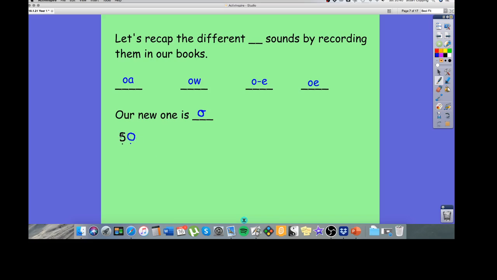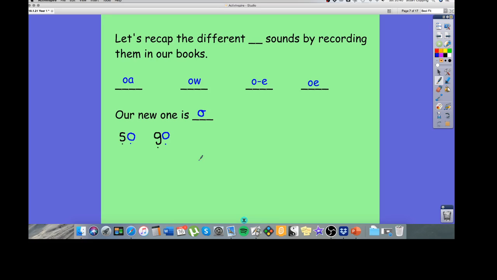So we've got S O. Another one I want you to write is go. So if you can do so, you can do go. Are you ready for it? We've got the G with the sound button underneath, and then the O with the sound button underneath. So some nice easy ones to start with.